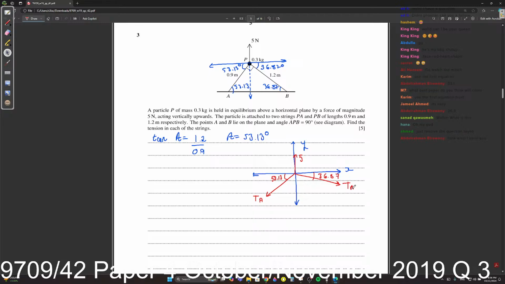Okay, so TB, you have weight, you have TAX, TB. Hold up.